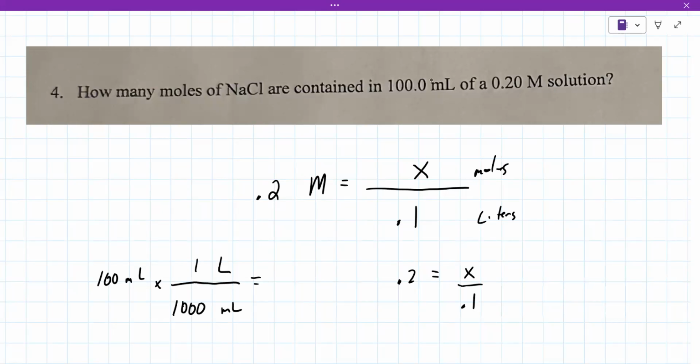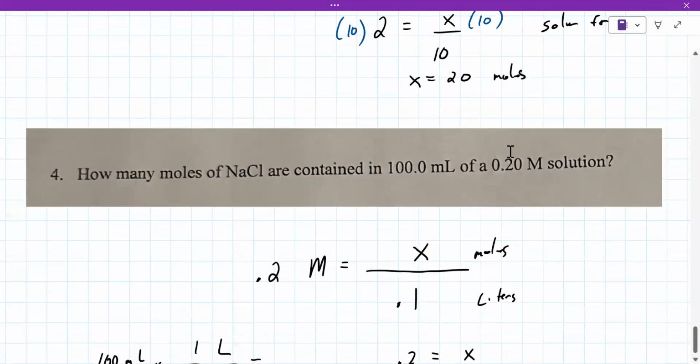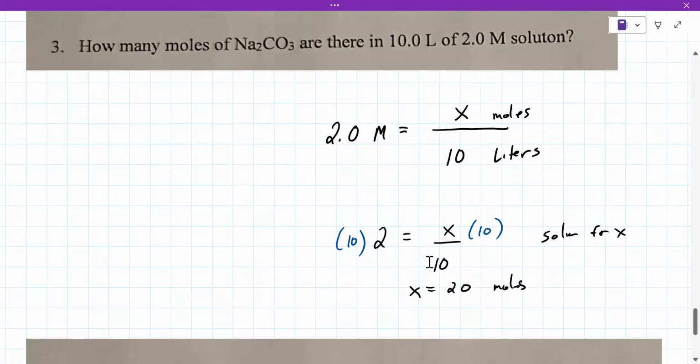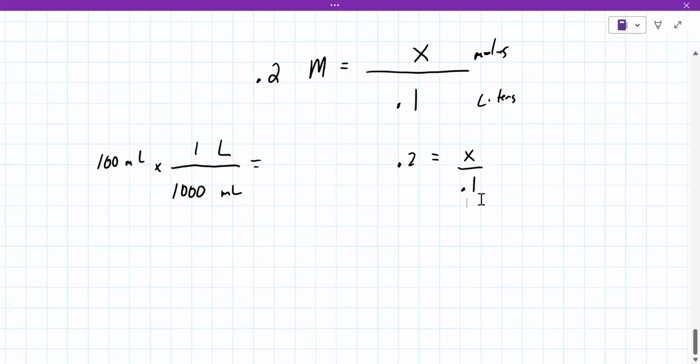I don't know, because, how did we solve the previous problem? What did we multiply both sides by? 10, because 10's on the bottom. Then same thing here. You multiply both sides by the number that's on the bottom. So then is it just 2? You're multiplying both sides by 0.1. I always recommend going to a calculator, especially if you're allowed to use it.